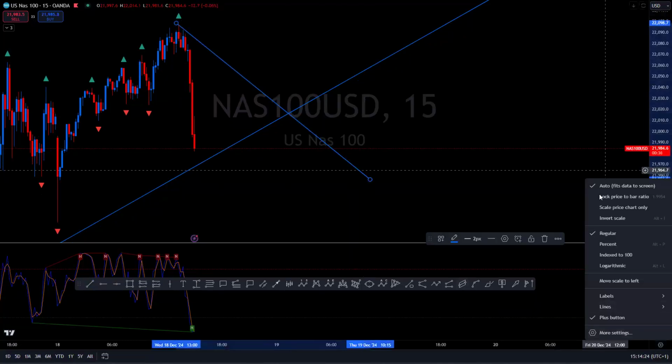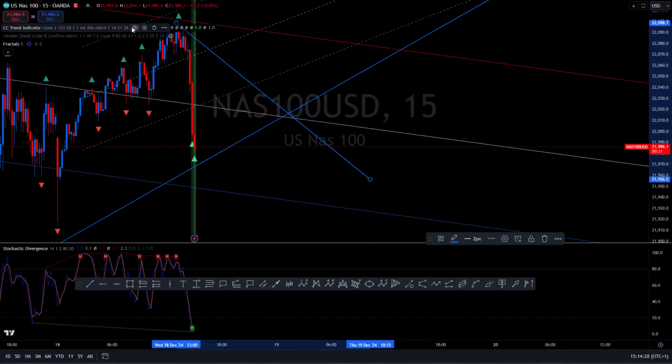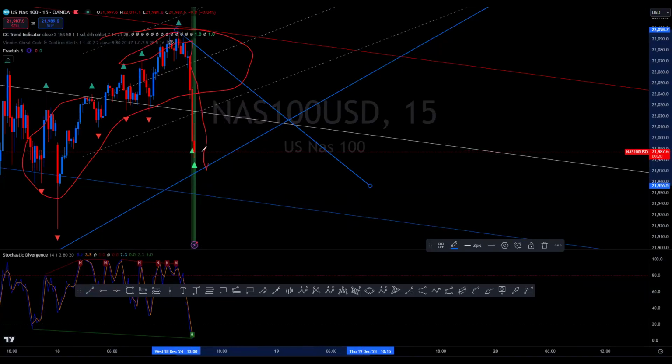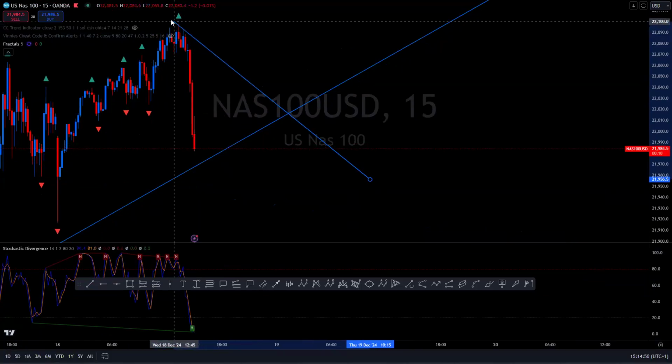Then let's see what our CC trend indicator says. It looks like it's still pushing up because there's a lot of movement here. But if we look at this recent move, price is trending downward. So that's what I'm actually looking at.